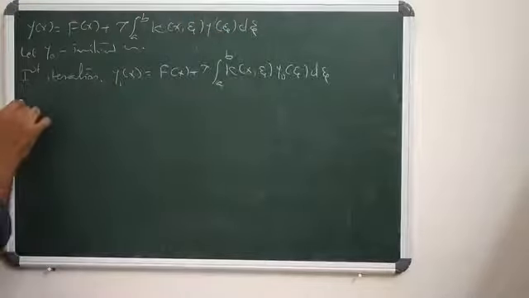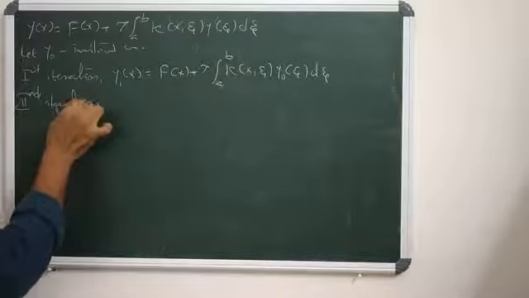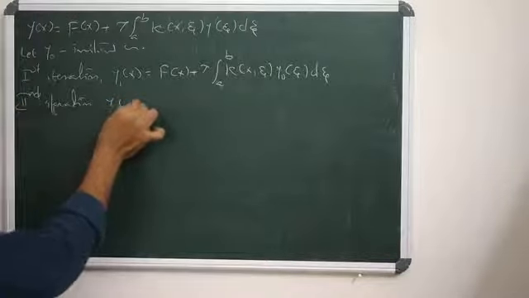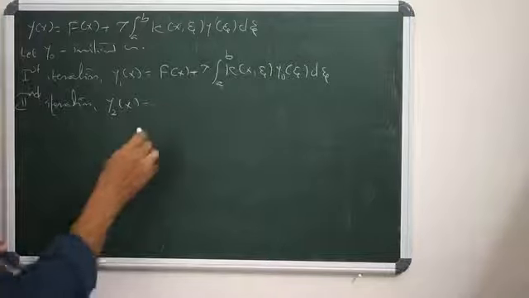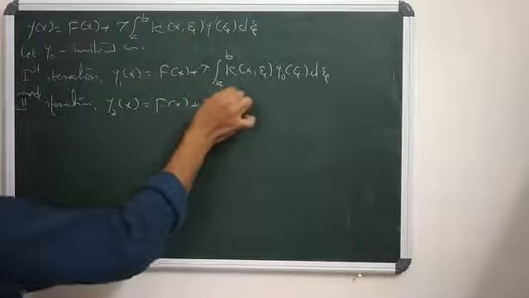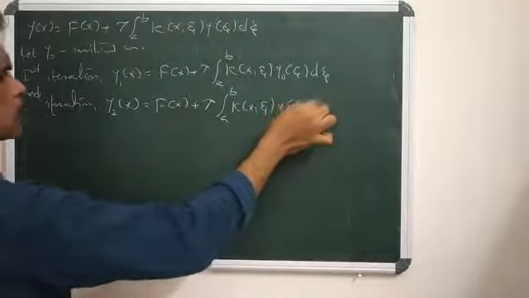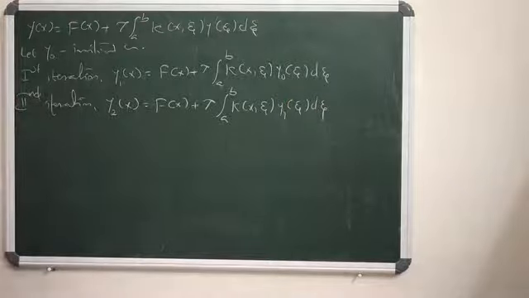What is the second iteration? We have y2(x), which is again f of x plus lambda integral a to b k(x, theta) y1(theta) d theta, where y1 is the first iteration.